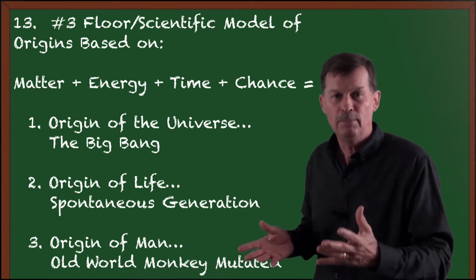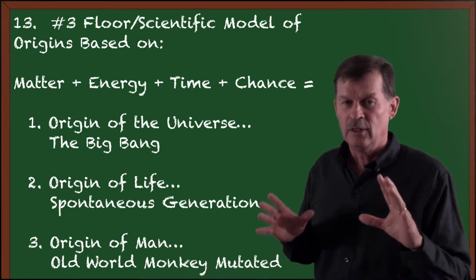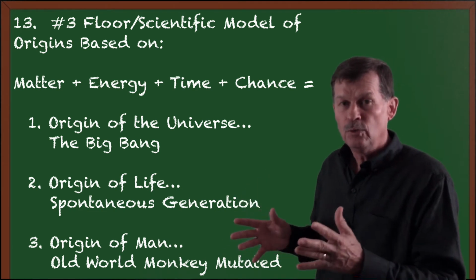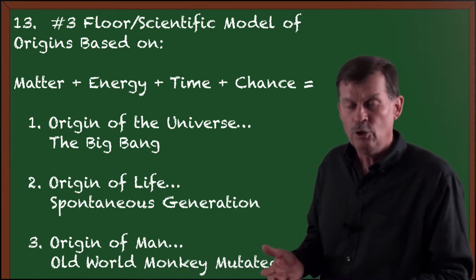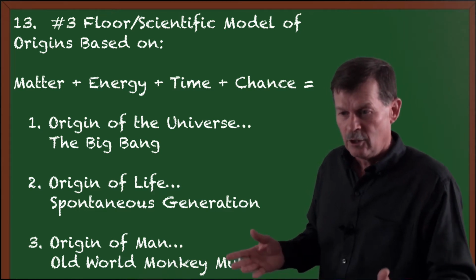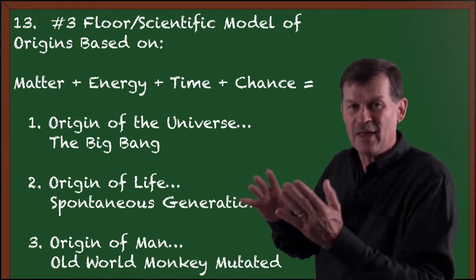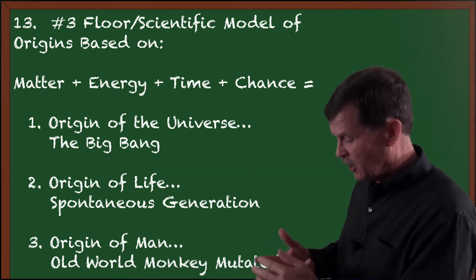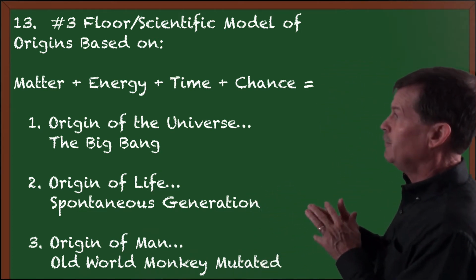Was it a Big Bang? Well, the Big Bang theory is a way of looking at things on the basis of human reason and logic, through the rules that come out of that, through the methods and the available resources. The available resources are matter and energy, time and chance.